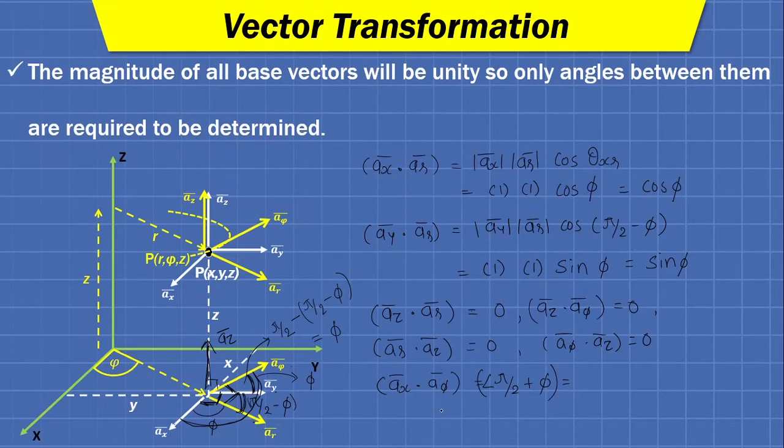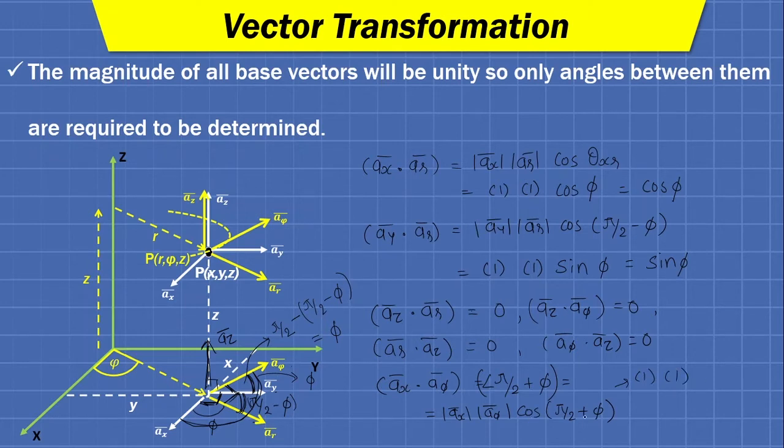If we calculate this dot product, it will be the modulus of a_x times the modulus of a_phi times cos of the angle, which is now pi by 2 plus phi, and this will be 1 into 1.